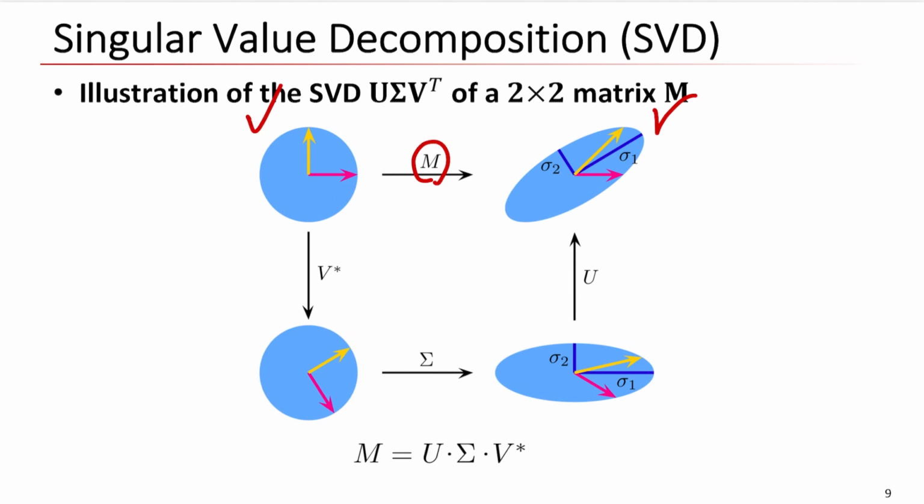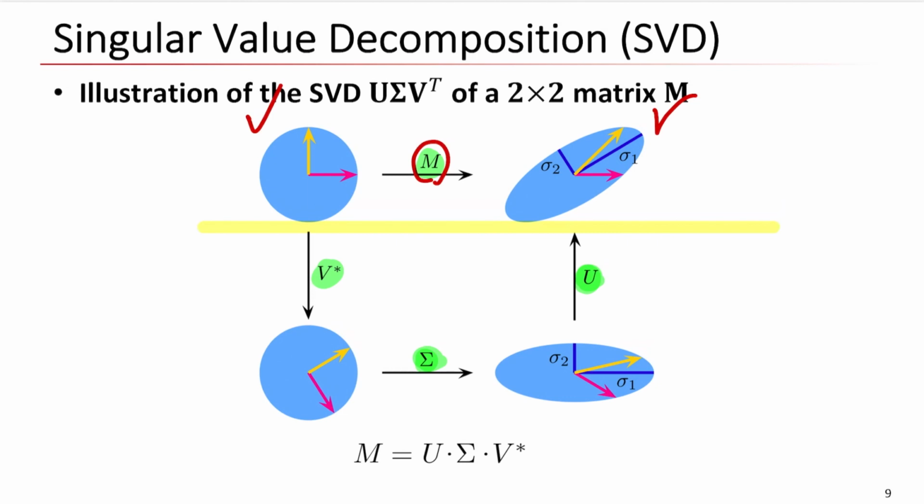What the SVD does is decompose this linear transformation into three terms: V transpose, sigma, and U.